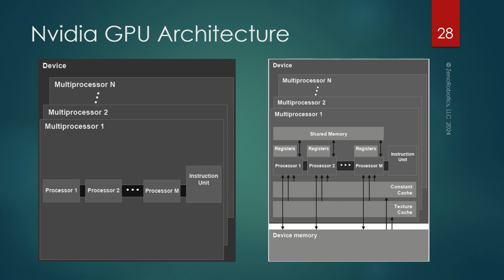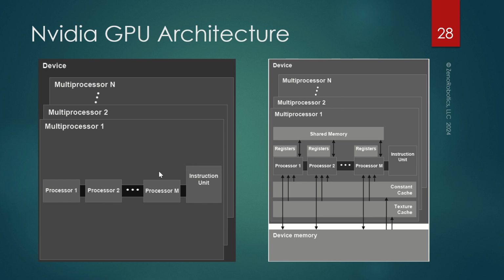So when the code gets sent over, it gets compiled and configured as to what the hardware is, depending on the microarchitecture, and what the settings are for number of streaming multiprocessors and processors per streaming multiprocessor and all that. That has to do with the indexing. I'm kind of getting ahead of myself, but I will get to that in a minute.